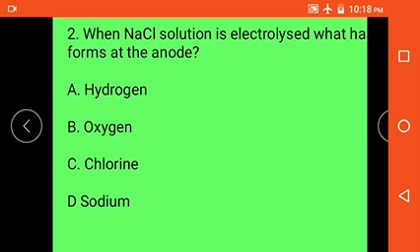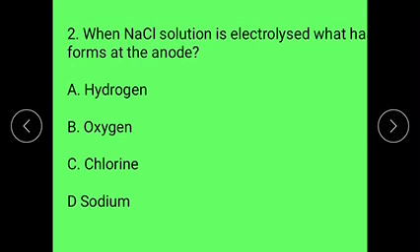Mostly the asked questions in this topic are: what is electrolysis, what is the construction of an electrolytic cell and its functioning. Sometimes they may ask: explain the electrolysis process with one example.